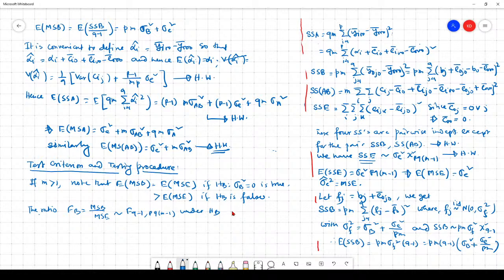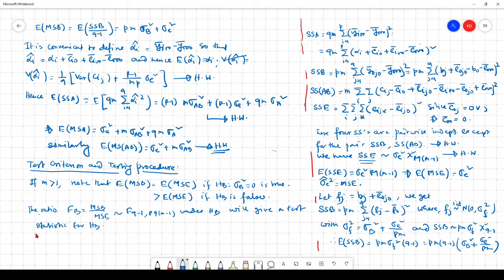Okay, will give a test form, a test statistics form. HB. So here also you observe that FB is a non-central F distribution when HB is not true. This is for fixed effect model and mixed effect model, but random effect model, this is always central F distributions, whether HB is true or false.